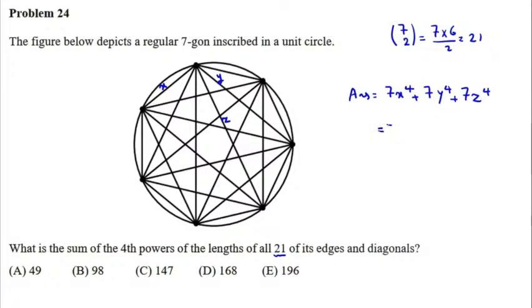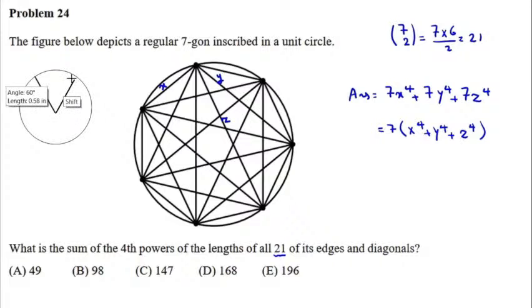Let's factor x to the 4 plus y to the 4 plus z to the 4. Let me at first tell you something. If we have a central angle here, I want to find the length in terms of the angle. For example, this arc is 2 alpha.